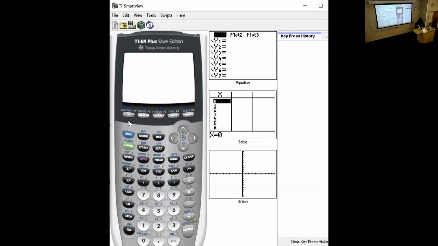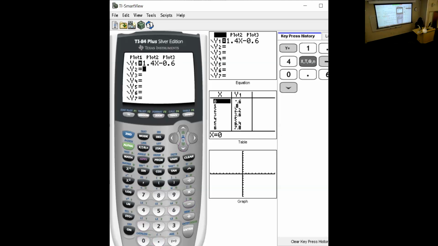First equation, Y equals 1.4, split by X, X is right here, minus 0.6. First linear function. Second, minus 2 X plus 3.2. Enter, graph.